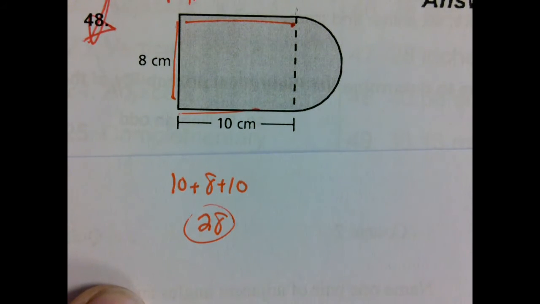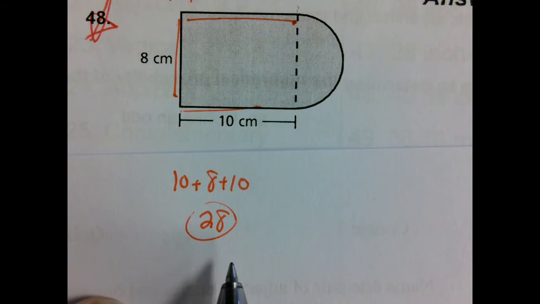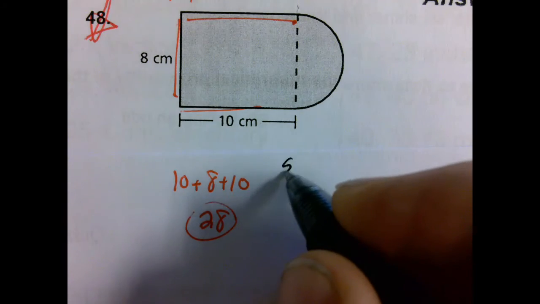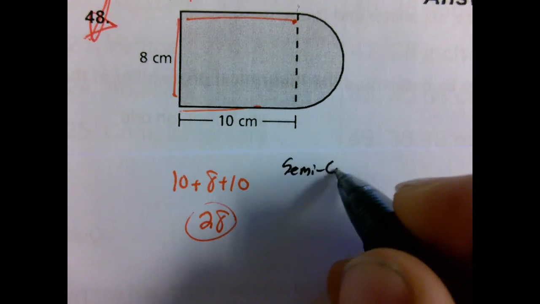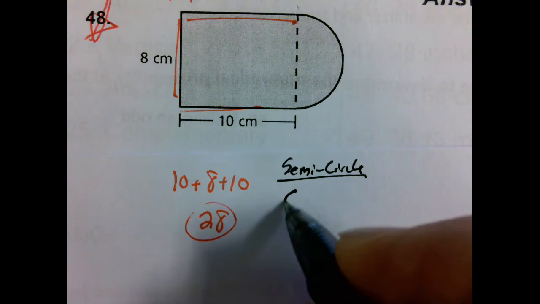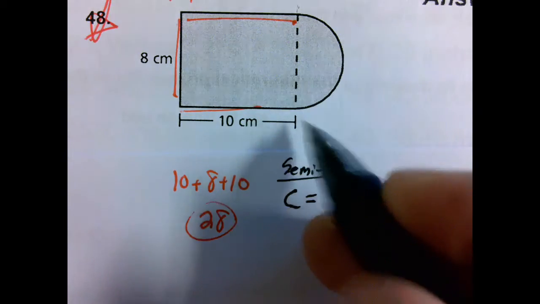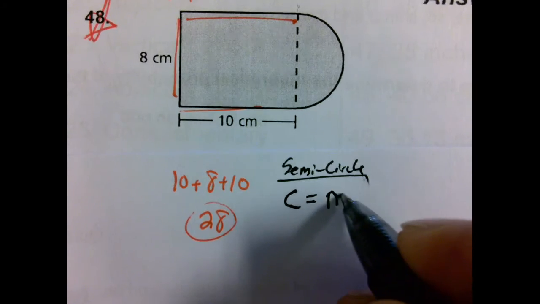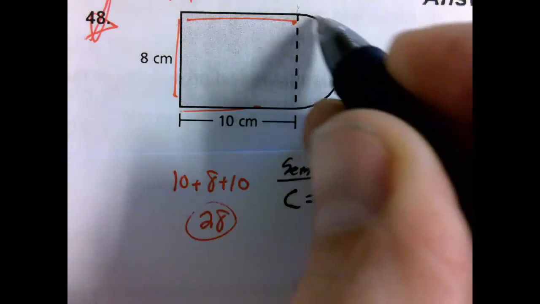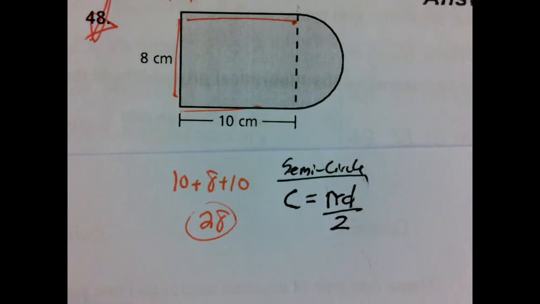If this is one of the problems I require work on, I want to see that, though you can do that mentally or with a calculator. But now the semicircle, you don't need to title it, but especially since I'm making a video, I'm going to say semicircle, because then we can figure out the perimeter of the semicircle. But a semicircle is half a circle. So take the circumference and cut it in half.